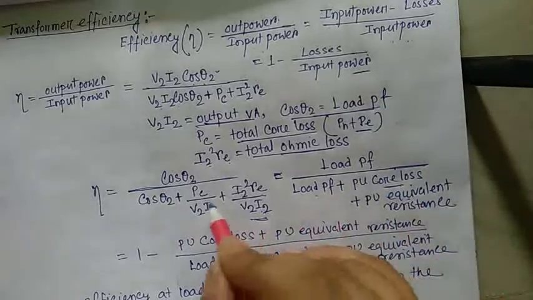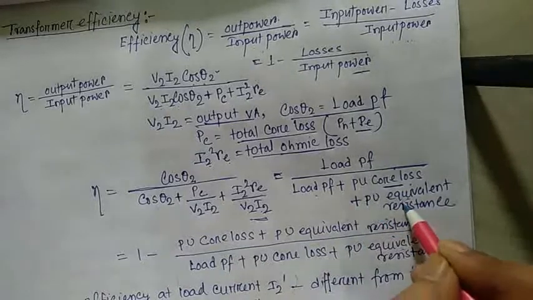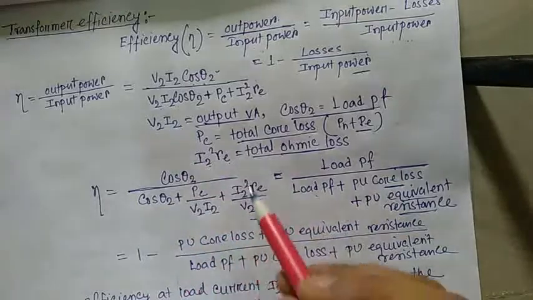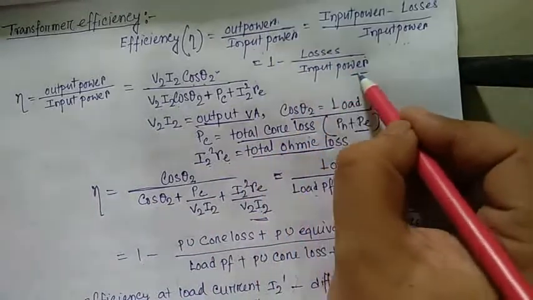per unit core loss plus per unit equivalent resistance. This equation can be written in the form of 1 minus losses by input power.